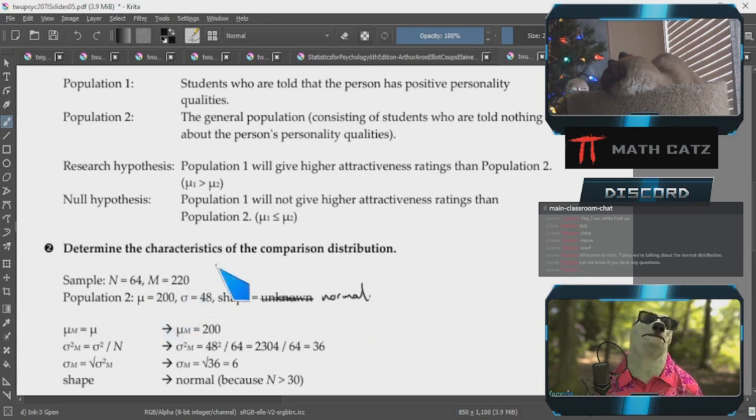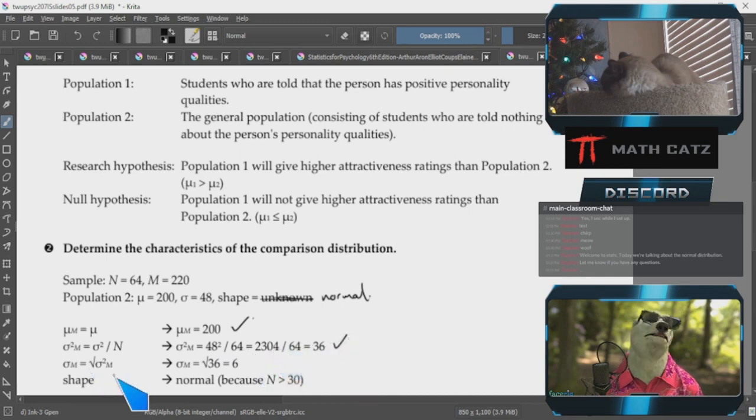So for the comparison distribution, the distribution of all means of samples of size 64 have the same mean as the population of individuals. Different variance, taking the population variance and dividing by the sample size, which we do there, and we get 36.